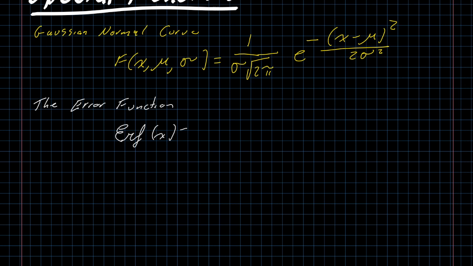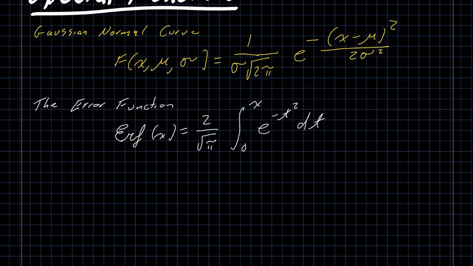Right. erf of x is 2 over the square root of pi times the integral from 0 to x of e to the minus t squared dt.